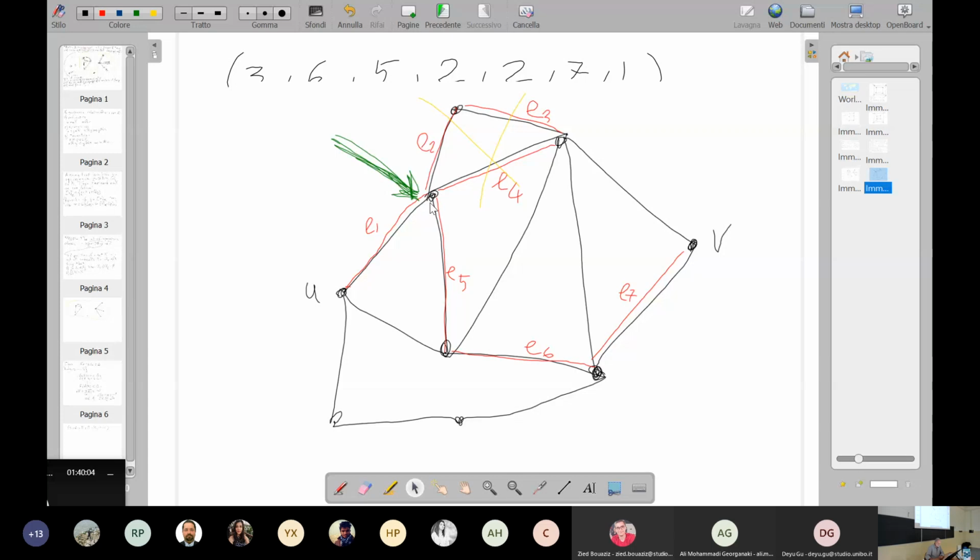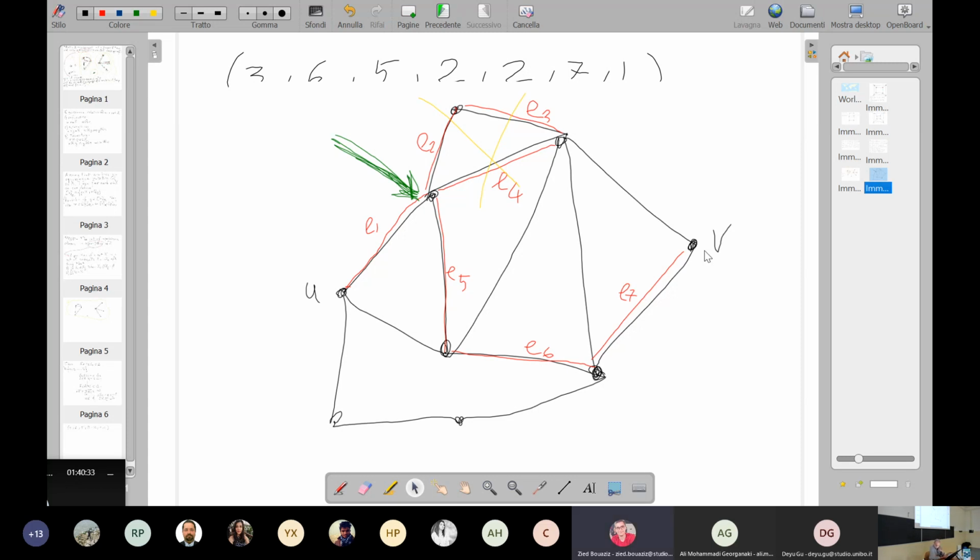Because I repeated this vertex inside my sequence. So it's very easy to get the path out of this. Professor, I have a solution. Okay, let me finish this. I get rid of all this part, and so I just do U, E1, E5, E6, E7, and I reach V without repeating. Now, give me your general solution.